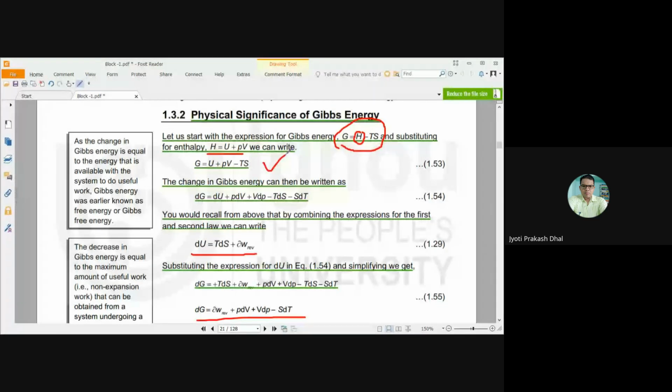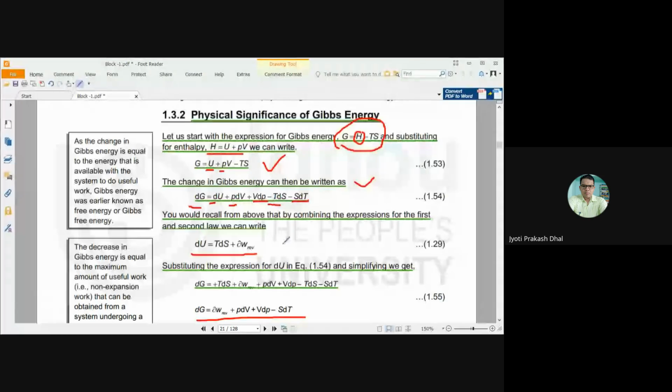Now the change in Gibbs energy can be written as dG. If we take the derivative of both sides, dG equals dU, derivative of d(PV) means P dV plus V dP, and similarly d(TS) means minus T dS minus S dT.